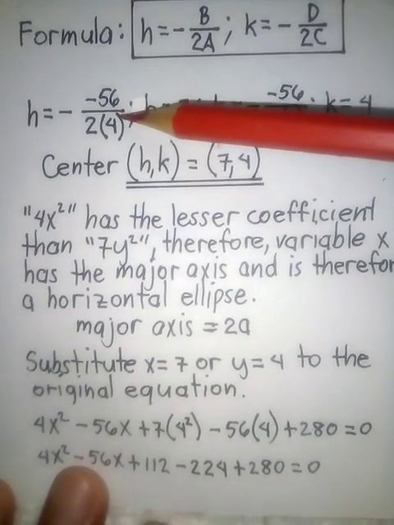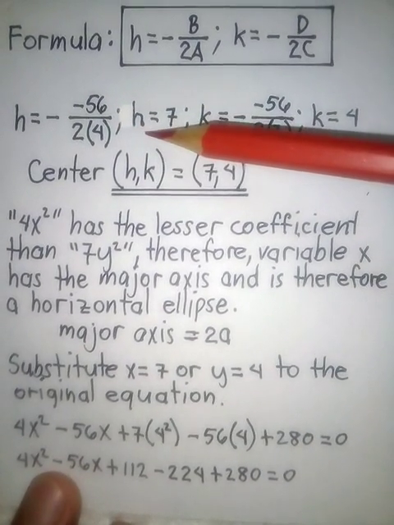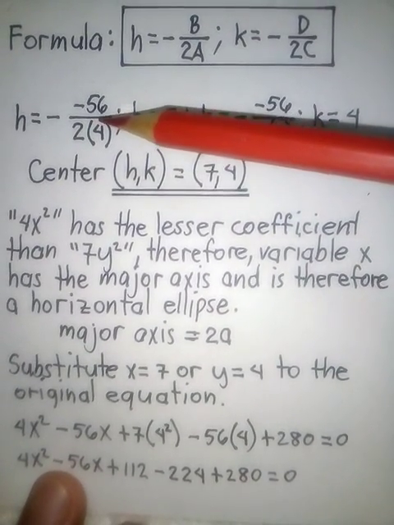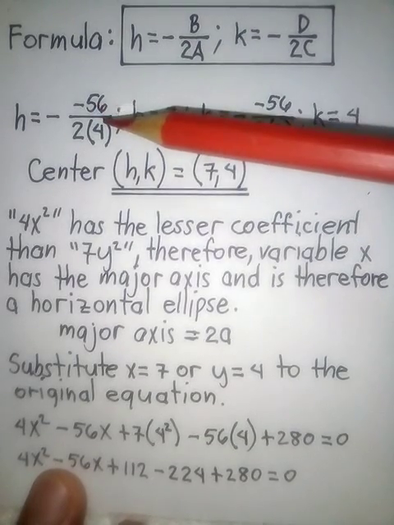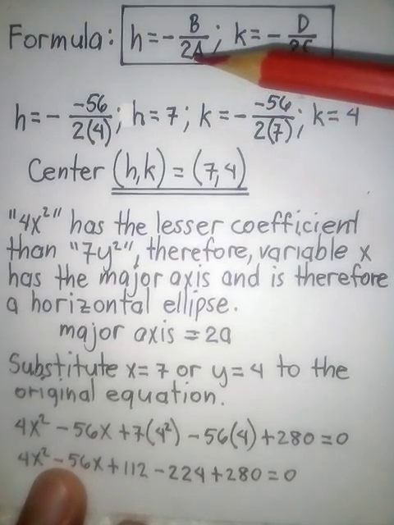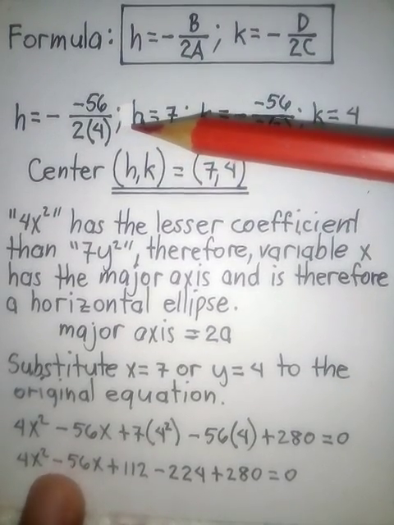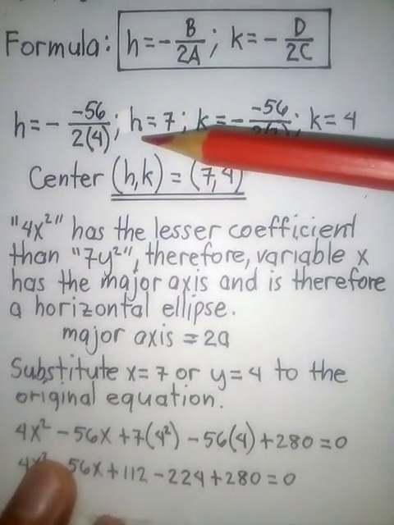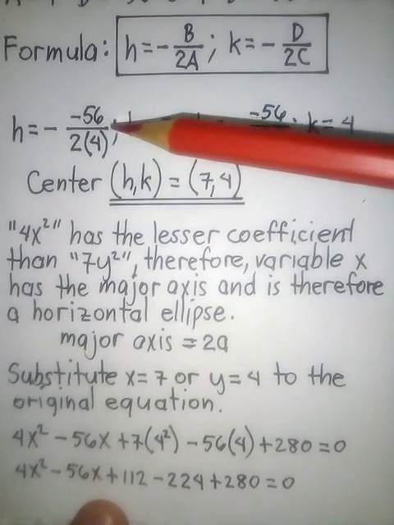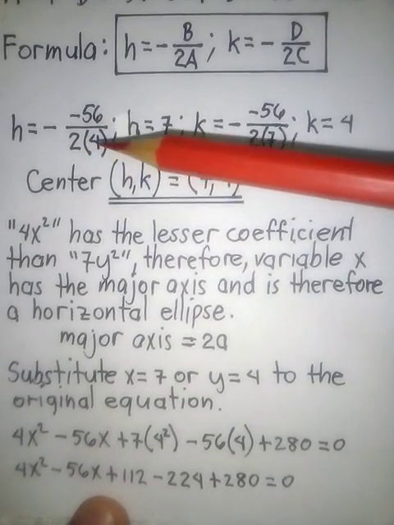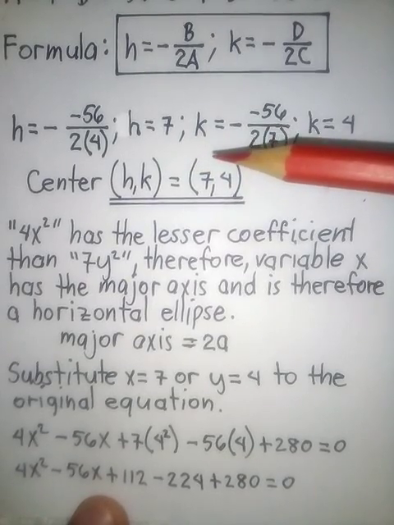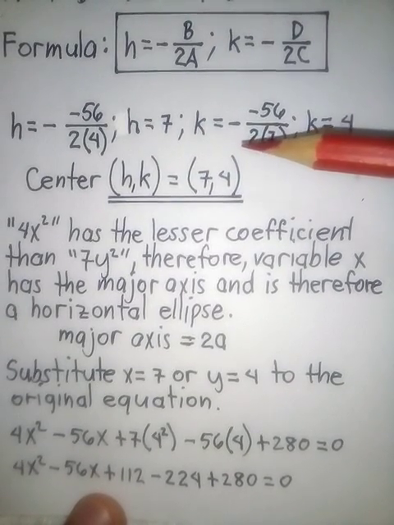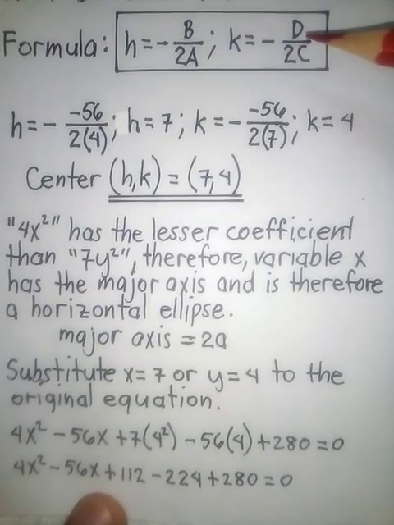Simplifying everything, h is equal to 7. For k, we have negative, our d is negative 56, over 2, our c is 7. Simplifying everything, k is equal to 4. So, we can now get the center hk is equal to 7, 4.